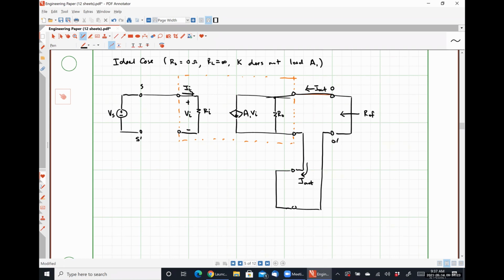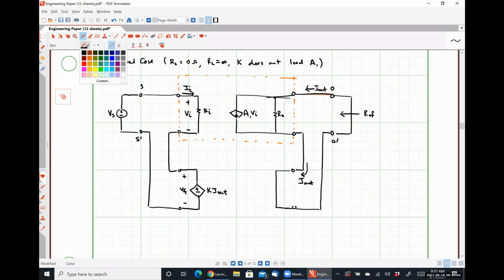And then on the other side, because we are going to be adding a negative voltage, it's going to be characterized by a dependent voltage source, where we have K, our feedback factor, times our output current, which gives us our feedback voltage VF. And so let me just highlight the feedback network.